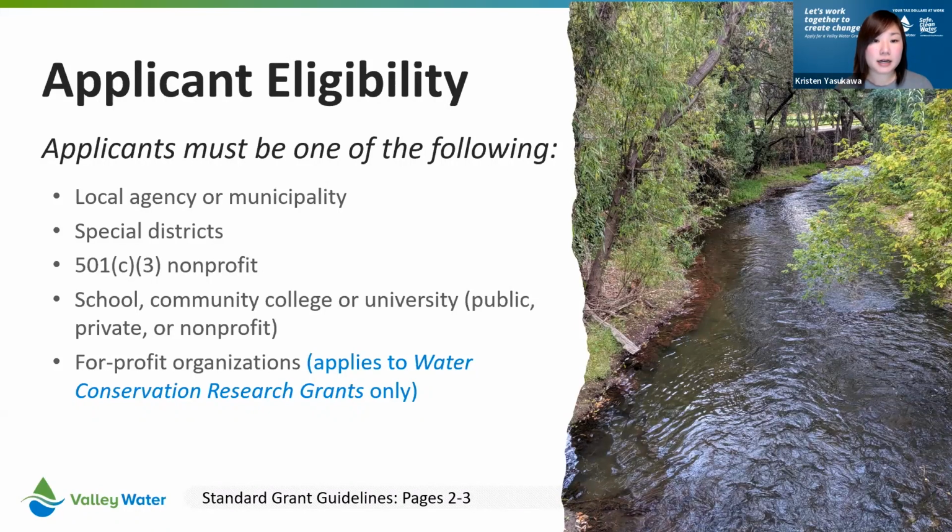We do allow applications from schools, public, private, or nonprofit. And we only accept applications from for-profit organizations for the water conservation research grants only. So if you are from a for-profit organization, you will only be able to apply for water conservation research. All right, next slide.